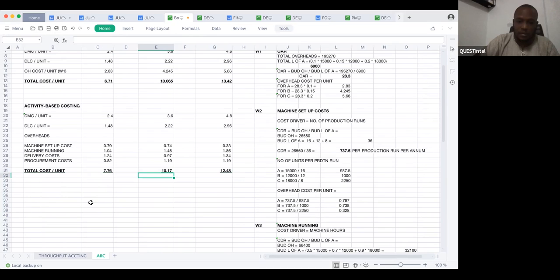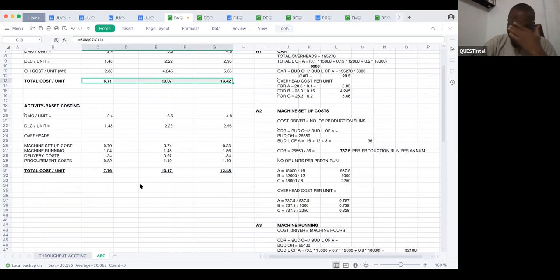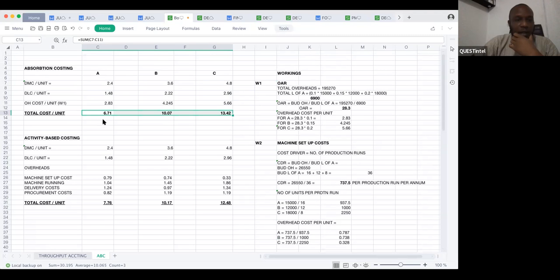So there's a difference. Can we see that? When we're using absorption costing, our total cost per unit was 6.7 for A.